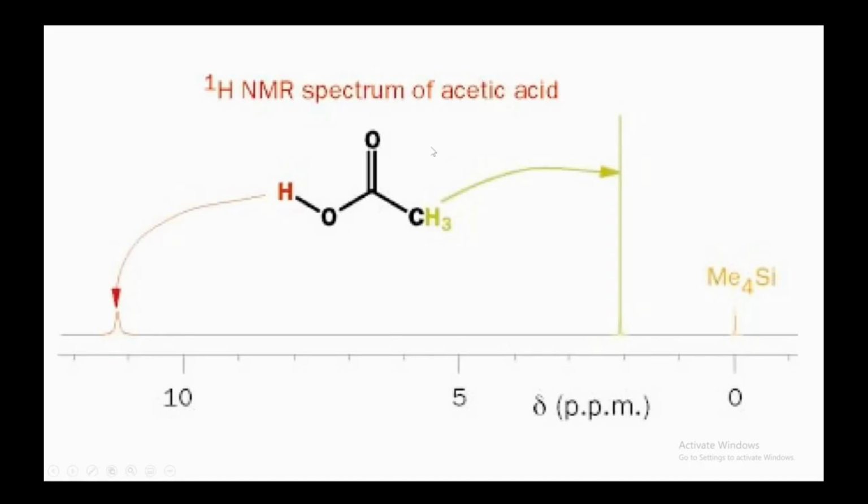This is a proton spectrum, so carbon will not be observed, and oxygen will also not be observed. So in proton NMR only protons are observed, and this is a delta sign, and these values are called ppm, that is parts per million. So this is a typical proton NMR spectrum.